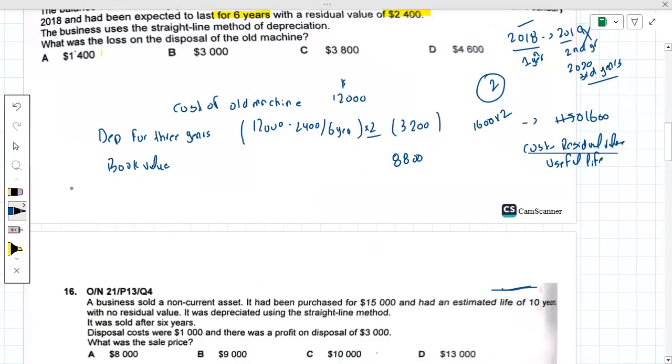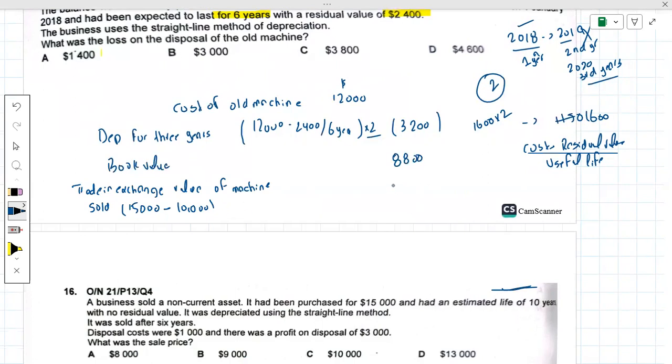So trade in exchange value of machine sold. $15,000 was the value of the new asset, and we paid $10,000 by check, so the remaining amount we part exchange.